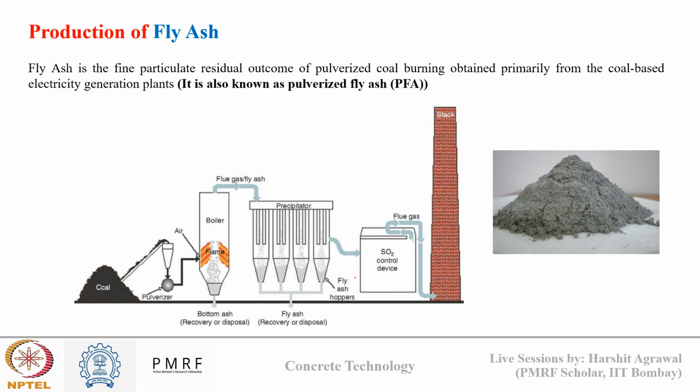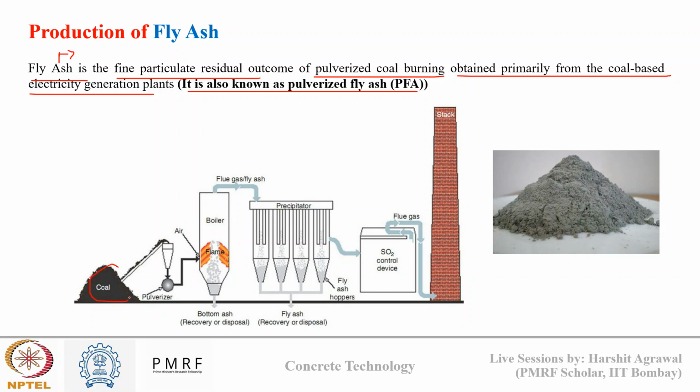So, first is the production of fly ash. Basically, fly ash is a fine particulate residue which is an outcome of coal burning, obtained from coal-based electric generation plants. They are also known as pulverized fly ash. So these are residue products of coal burning. Now how are they produced?